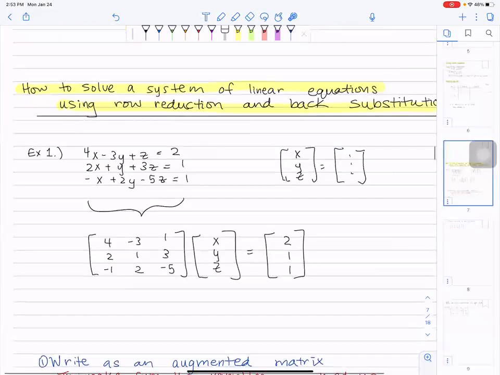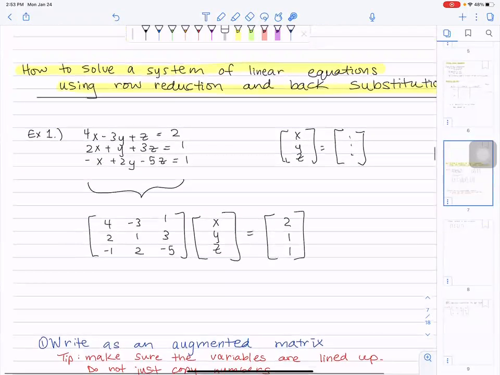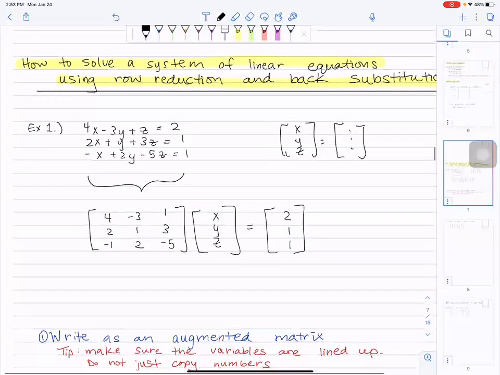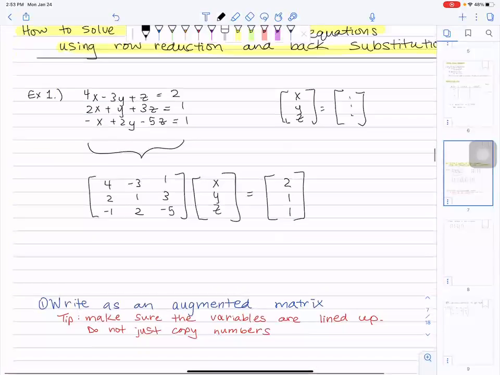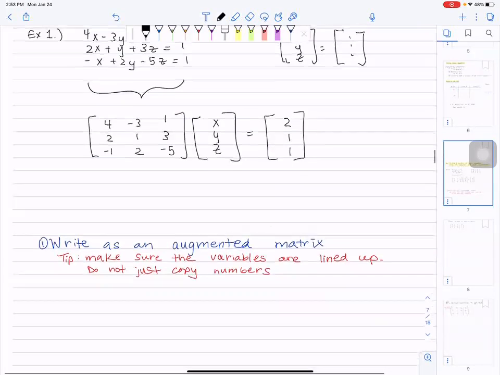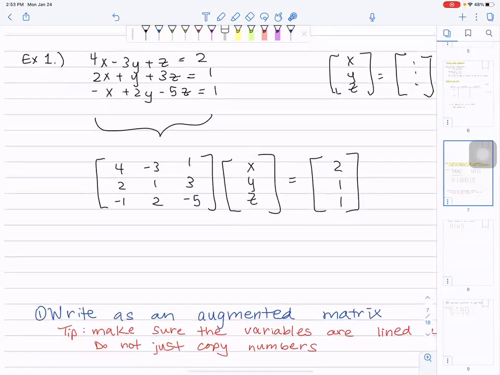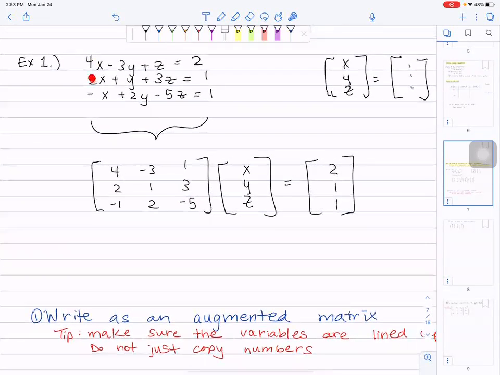Okay, so if you're not finished, that's okay, but let's get started on going through this. I already wrote the first step there. The first step is you want to make this an augmented matrix. When you're converting this to a matrix, make sure you don't just blindly write down these numbers like 4, 2, -1.